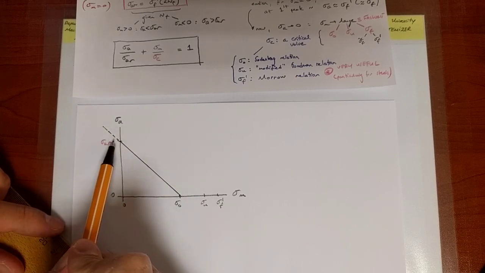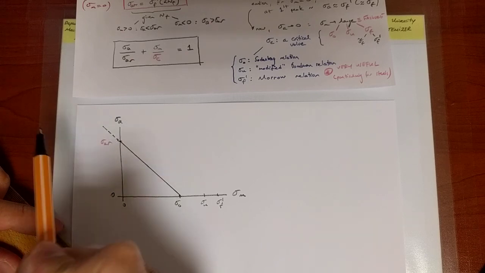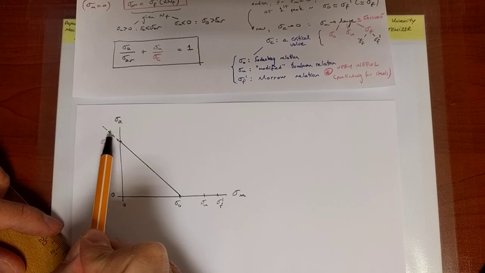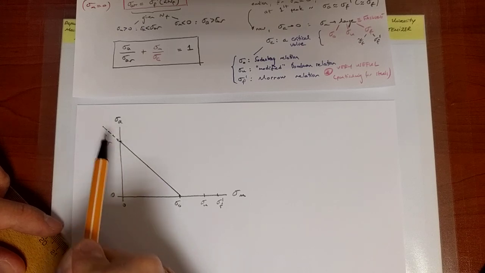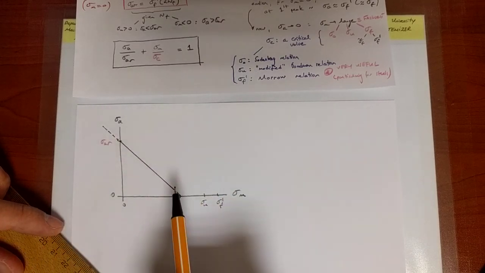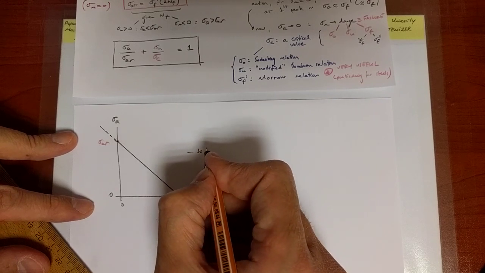Certainly the positive influence of negative mean stresses, positive in the sense that you can now apply higher stress amplitudes to achieve the same life, is reflected by this black line, which corresponds to the Soderberg relation.